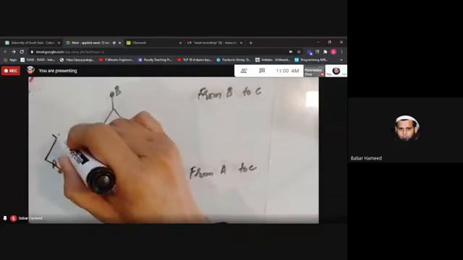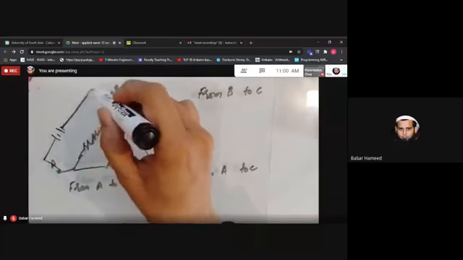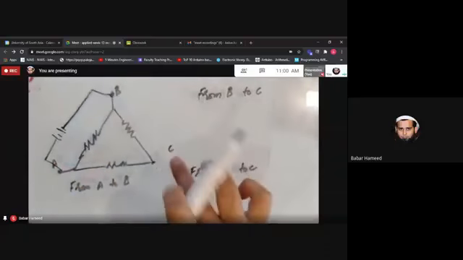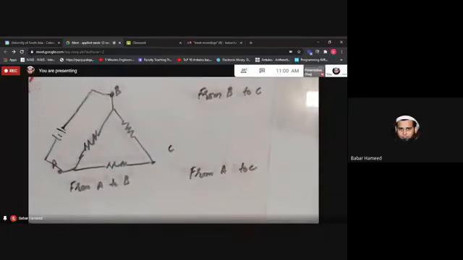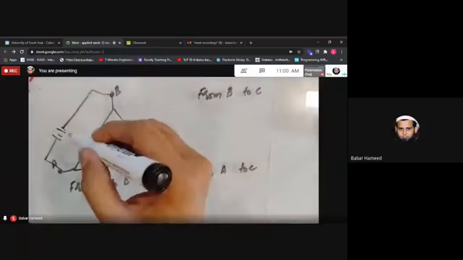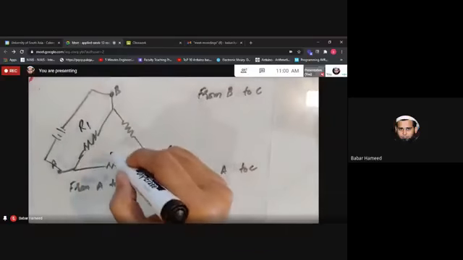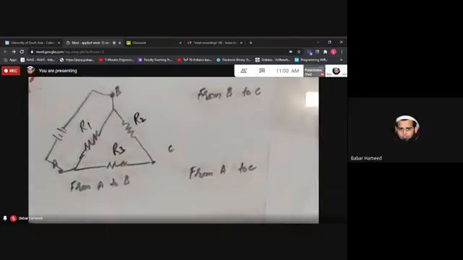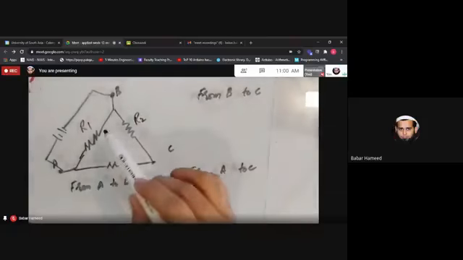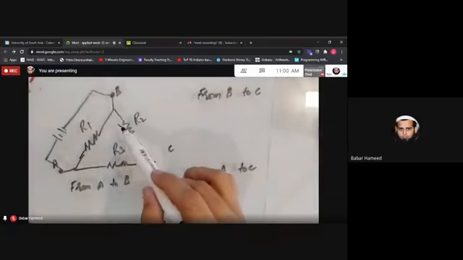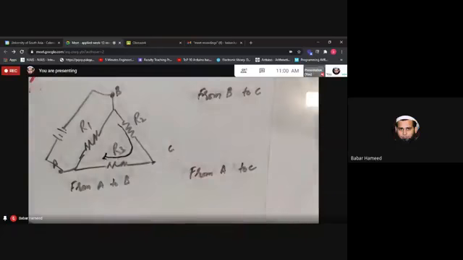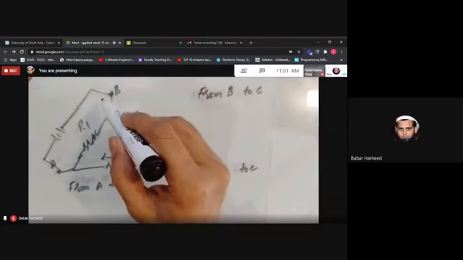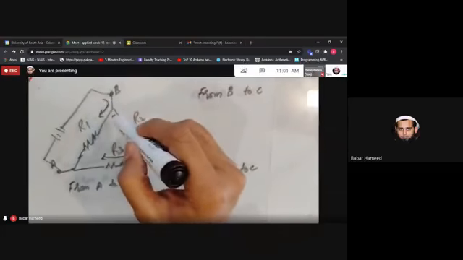and this is not being used. If the source is connected here, then I can say that R1 is in parallel with the series combination of R2 and R3, as when current starts flowing here, current is dividing into two paths.